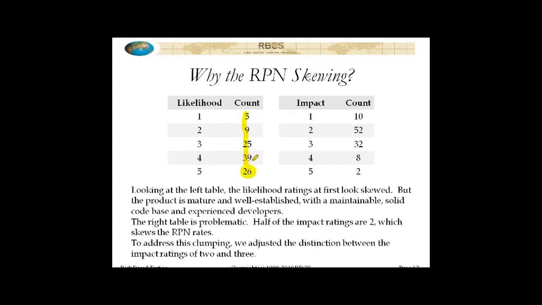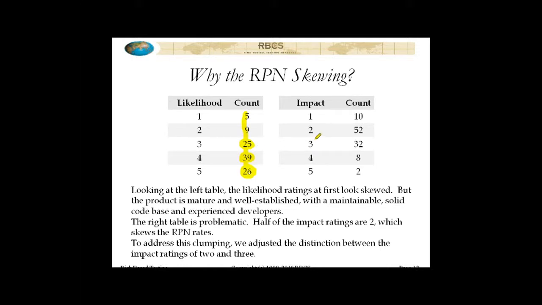Particularly, when you get down here, you go, wow, it really does seem to be pretty heavily skewed towards the less risky end of the scale. But this is a mature, well-established product. It's got a maintainable, solid code base, very experienced developers. So this is actually the likelihood distribution that you would expect for a product like this.